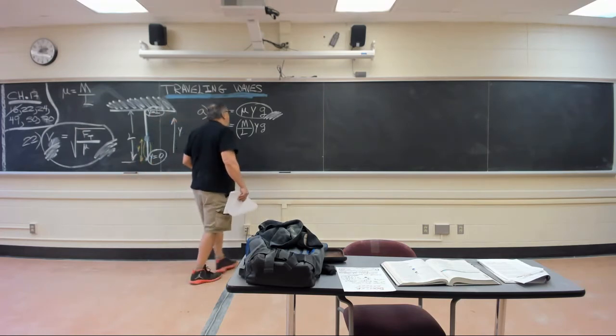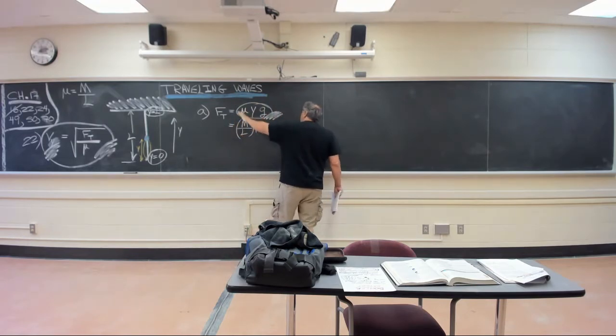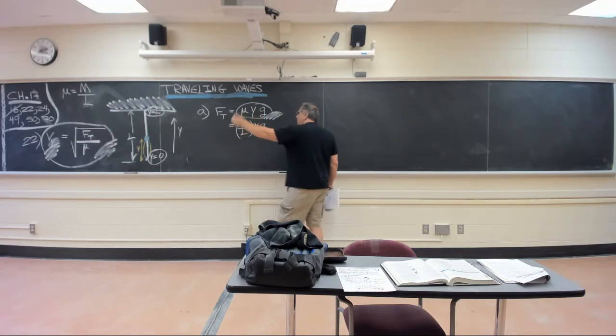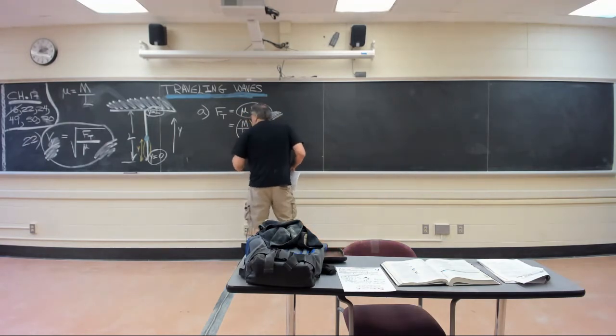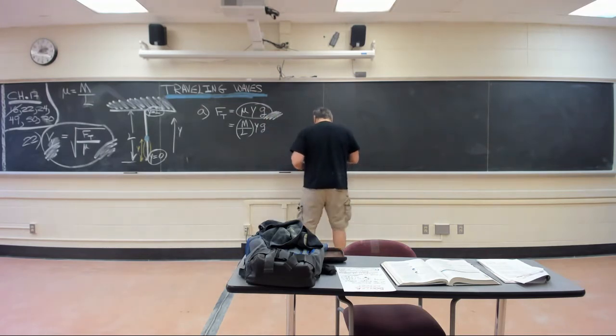The mass per length of rope times the length gives you the mass of the y length of rope. The mass of the y length of rope times g will tell you the force of tension you have at that moment. So if that's the case, let's talk a little bit.